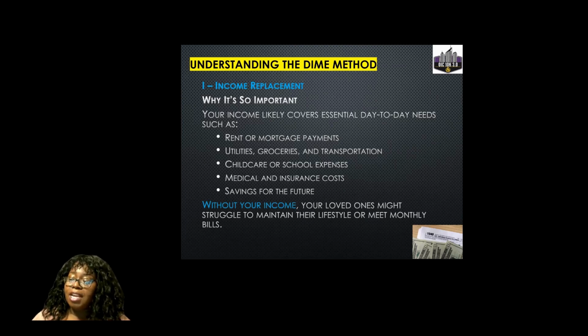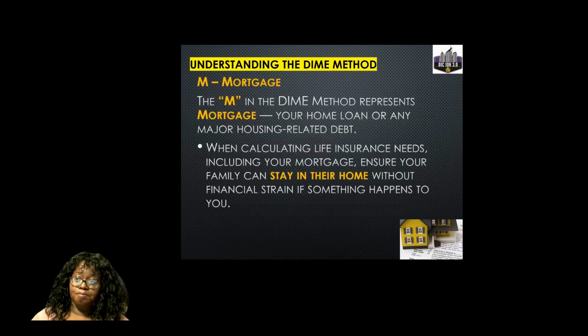So without your income, your loved ones might struggle to maintain their lifestyle or just meet those monthly bills. So income replacement is definitely a very important factor when you're looking at what's my number and what's the proper insurance that I need.